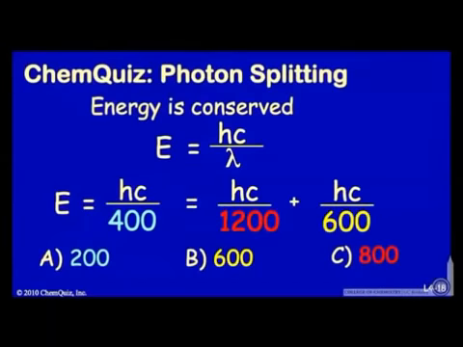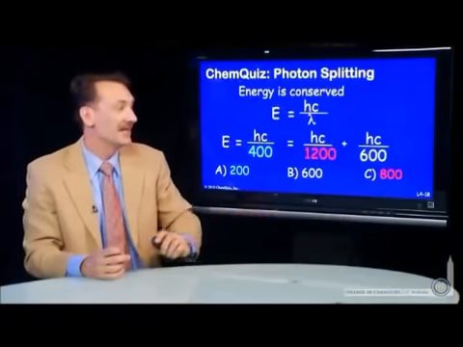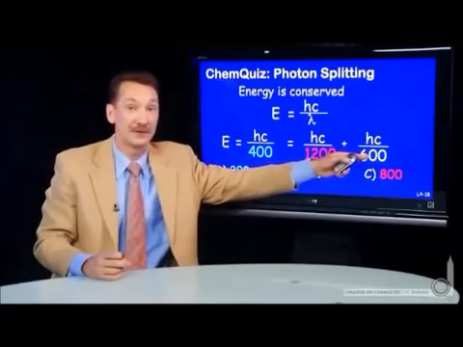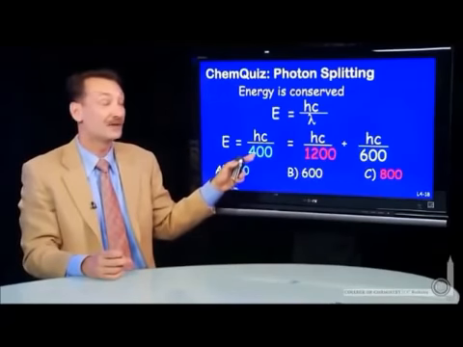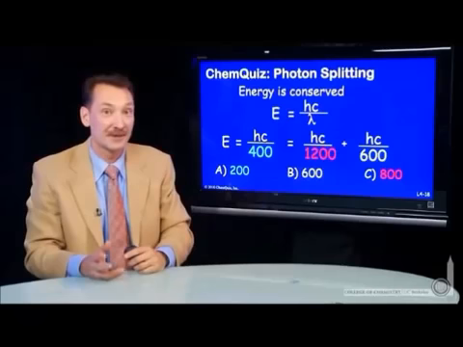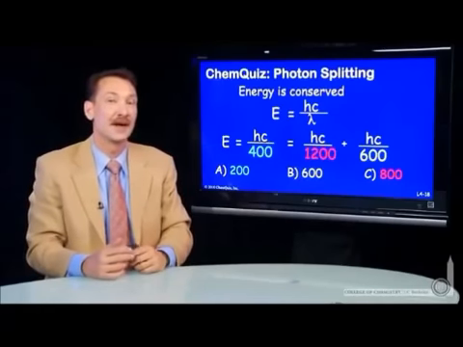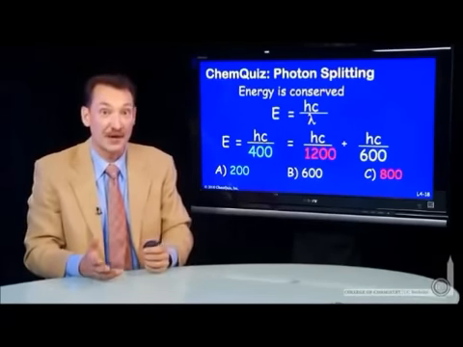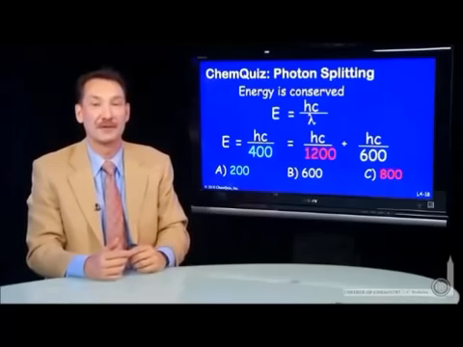So indeed, hc over 400 must equal hc over 1200 plus the other photon emitted, and that must be hc over 600. So indeed, two lower energy photons add to give the high energy photon, and the correct answer here is B, a 600 nanometer photon is split along with a 1200 nanometer photon when you split that 400 nanometer photon.